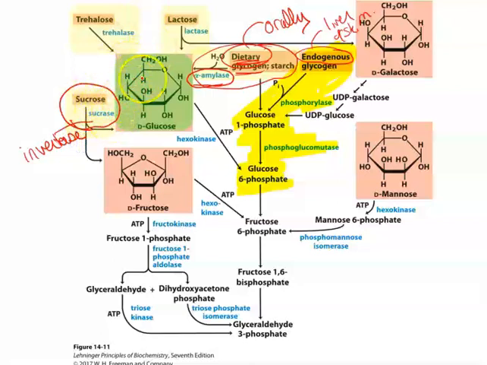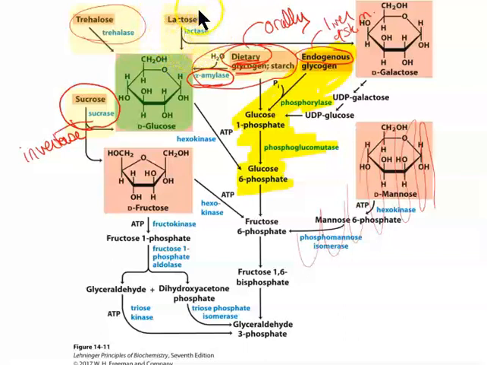If we look at sucrose, sucrose is acted on by sucrase, also known as invertase, and sucrase or invertase is able to break sucrose into glucose and fructose, and we covered how those monosaccharides enter into glycolysis. Do not worry about the mannose, that's fine. The glycosidic linkage in trehalose is hydrolyzed by trehalase, and we get 2 glucoses that go into glycolysis.